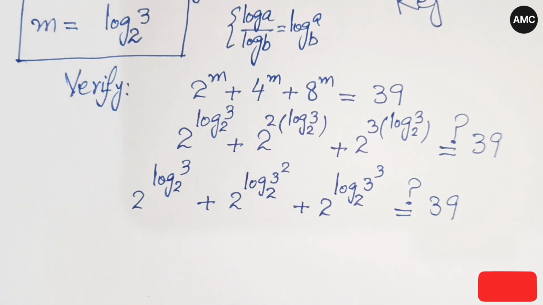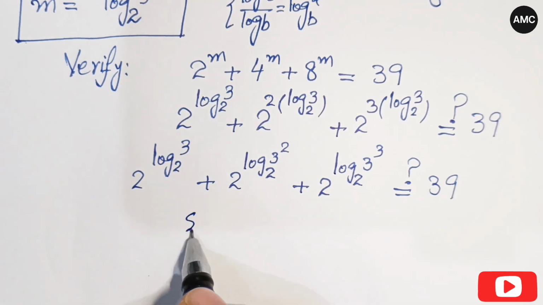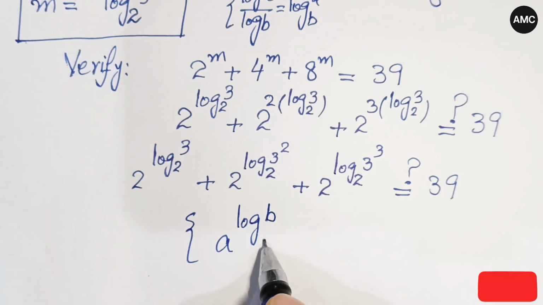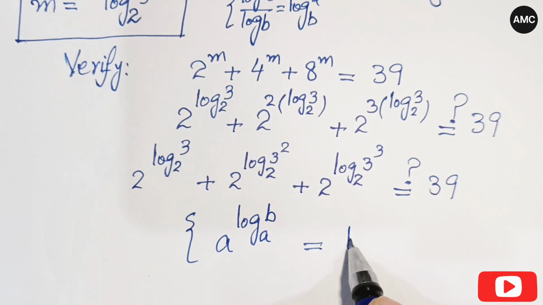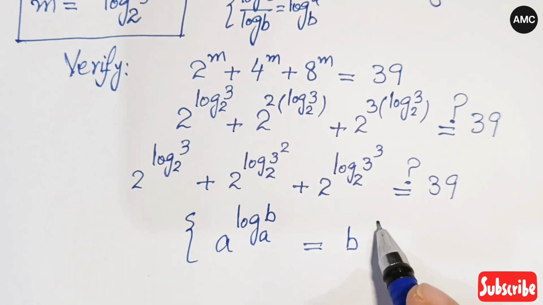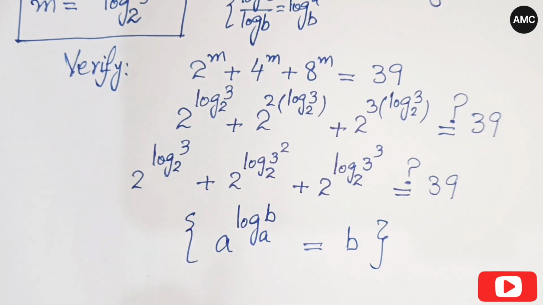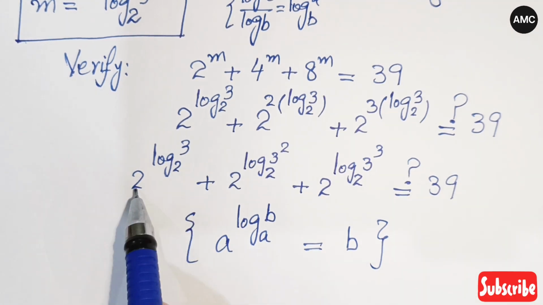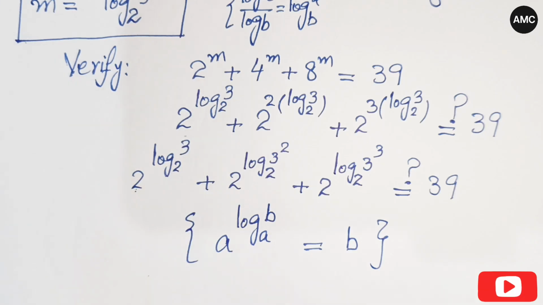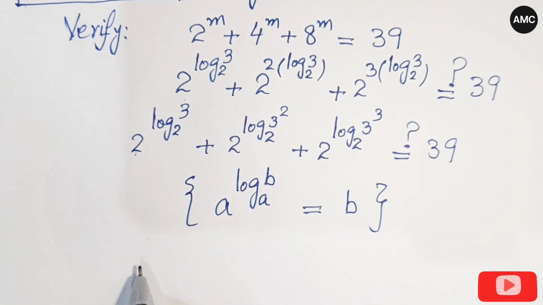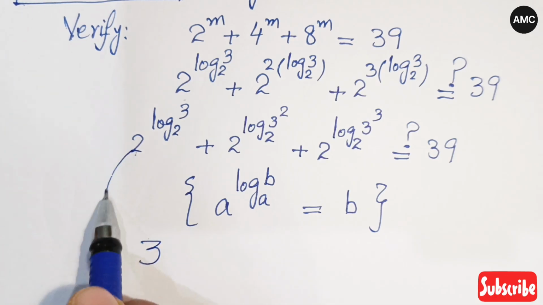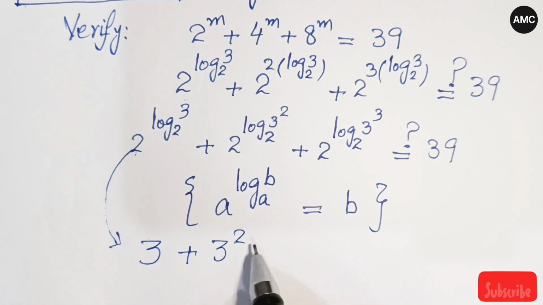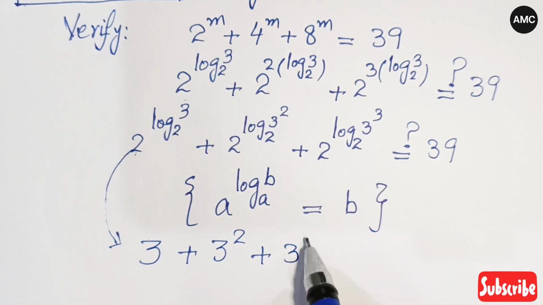Now according to the logarithm law, a to the power log b to base a is equal to b. Applying this law here, 2 to the power log 3 to base 2, here the base a is the same, so we get the value of b, which is 3. Then this will be 3 plus 3 squared plus 3 cubed.